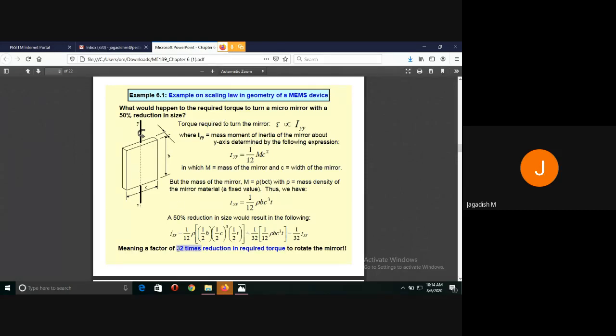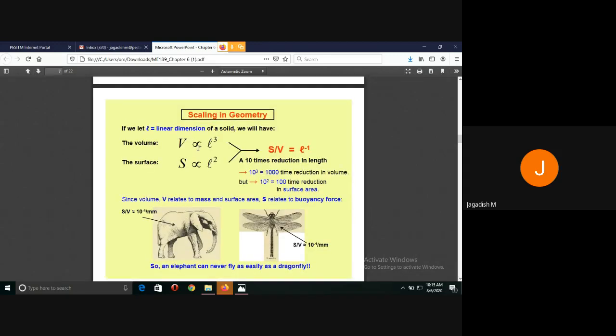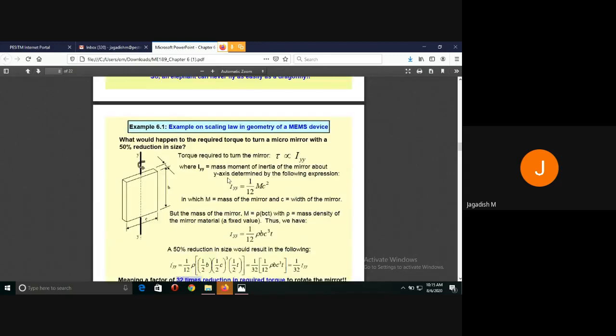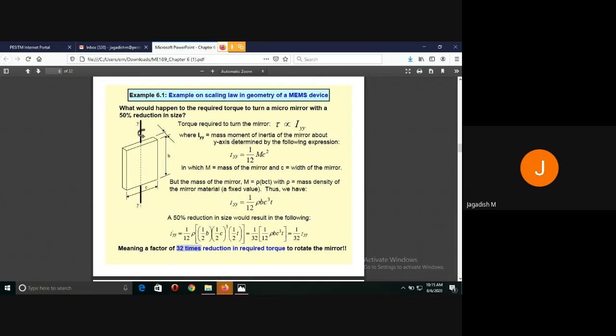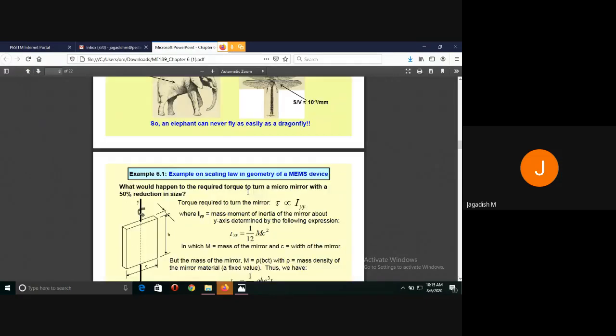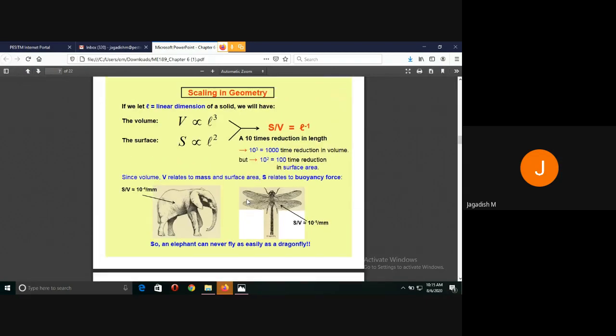That magnitude is now given by this: the new torque is reduced by 32 times. So this is how these rules help us find the parameters when the size of the object is scaled down. This is scaling in geometry.